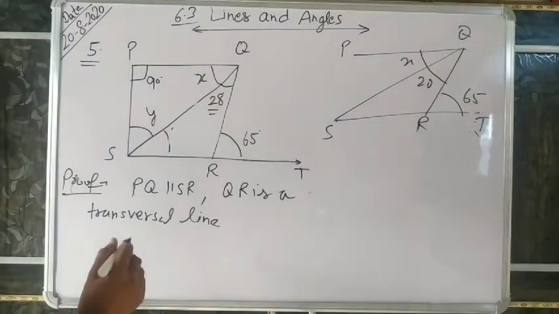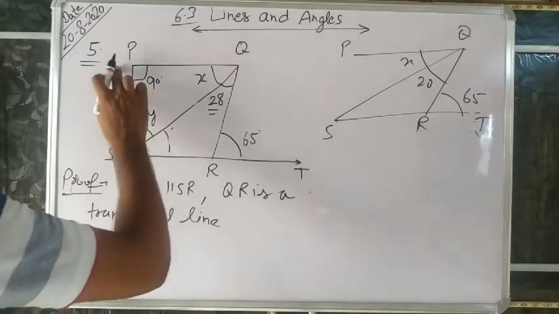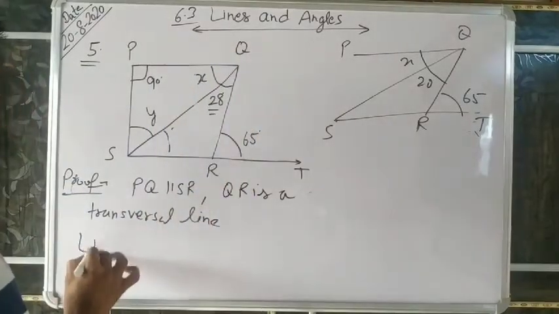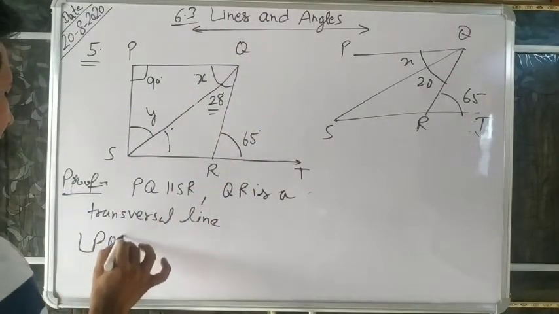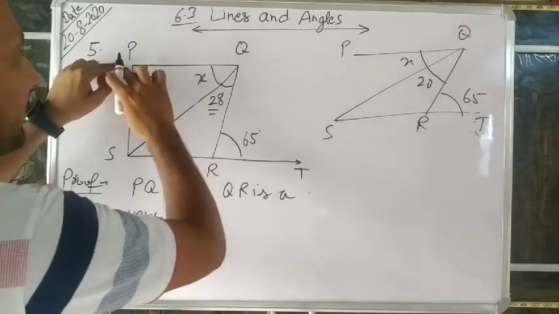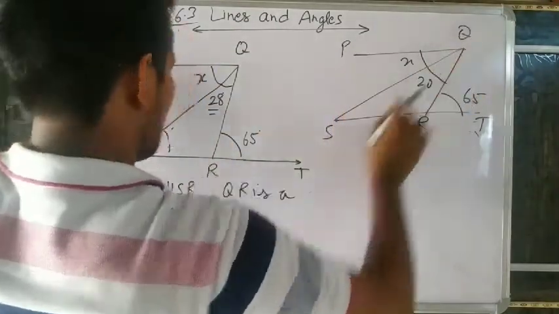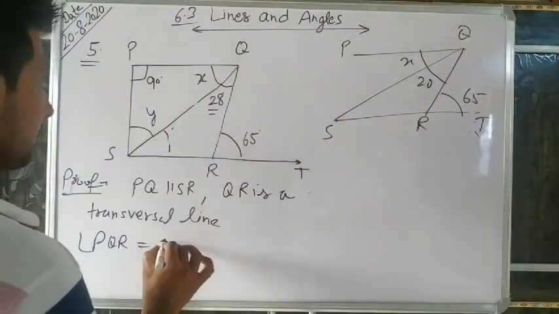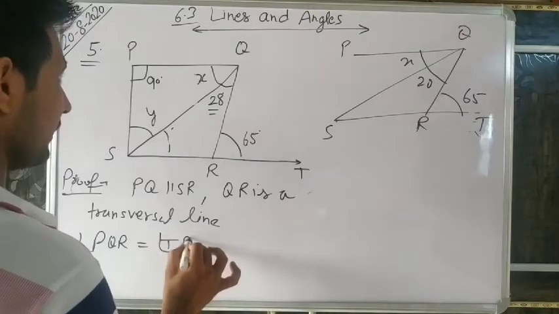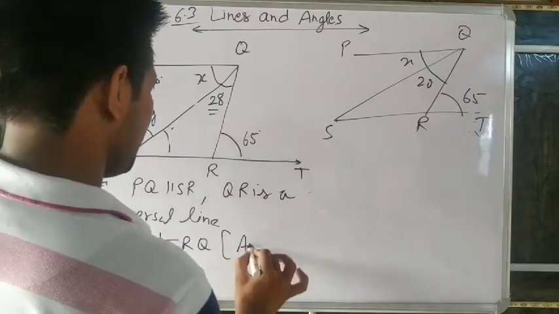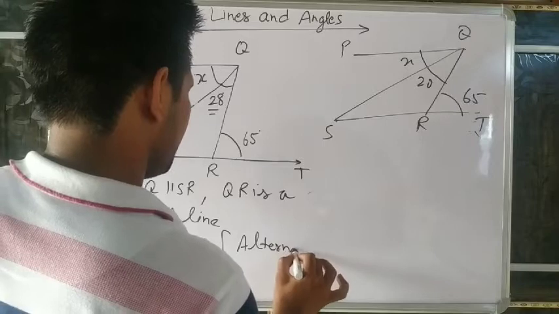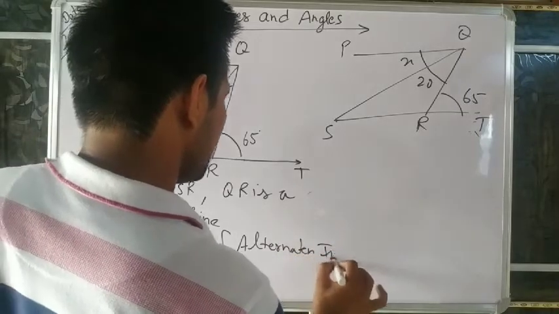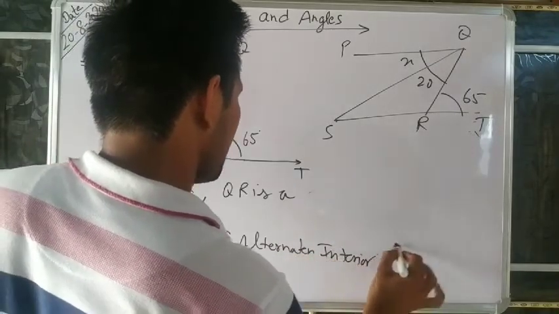Transversal line, so you can write angle PQR equals angle TRQ. Why? Alternate interior angle.